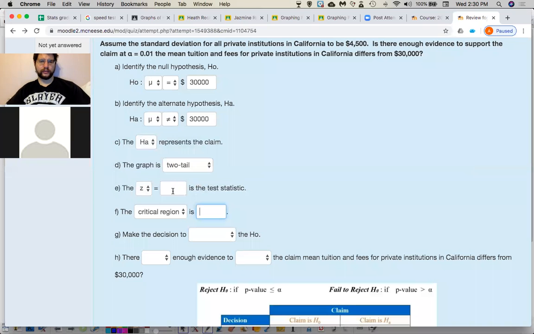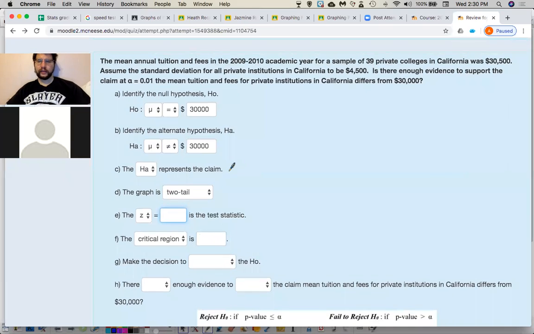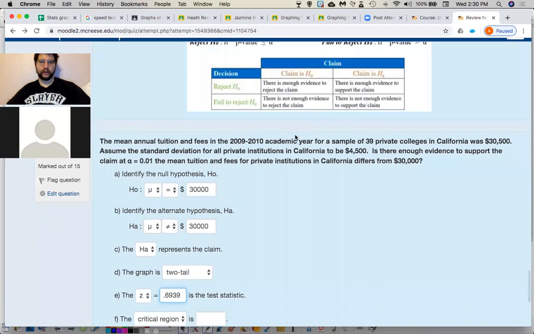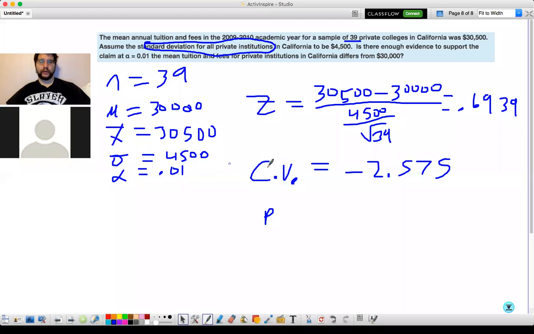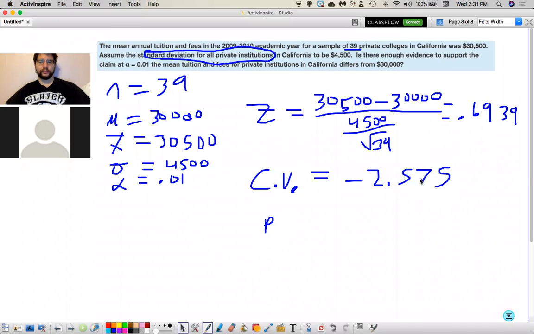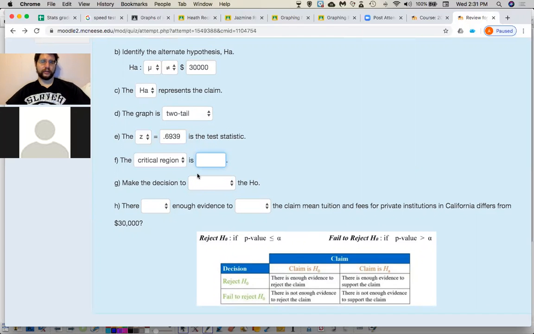Let's go ahead and fill some stuff in. The test statistic, 0.6939. They didn't say anything about rounding, so I guess we're good. I like going 4 decimal places. That way, if I have, like I do here, 3 decimal places on my critical value, I can be sure that it's going to be covered.